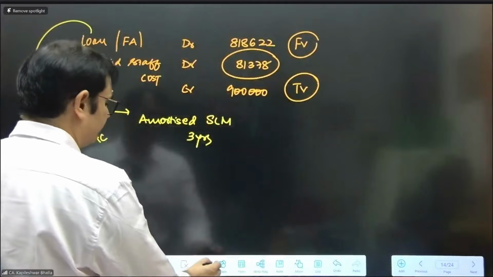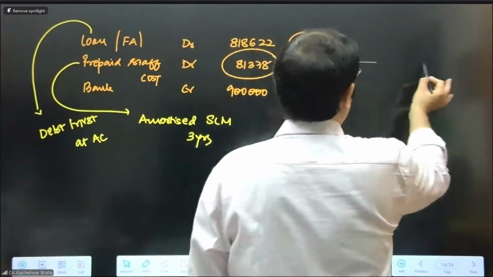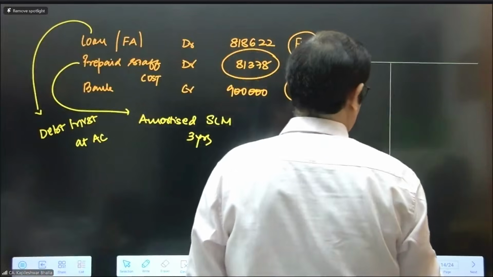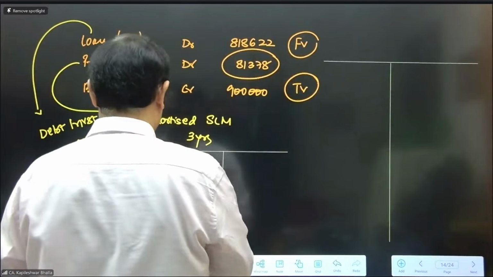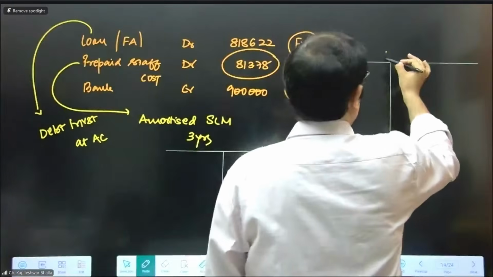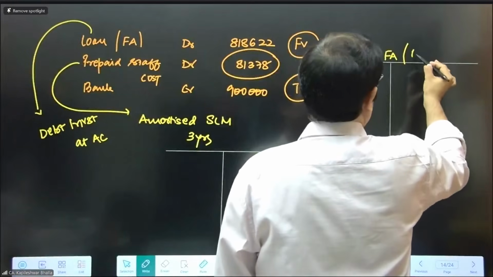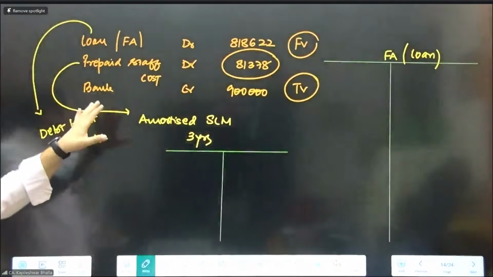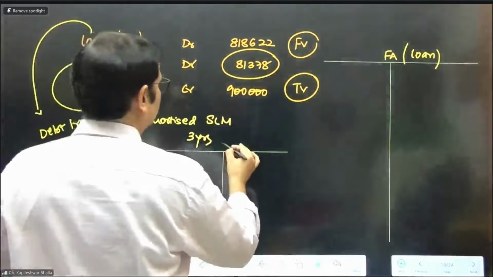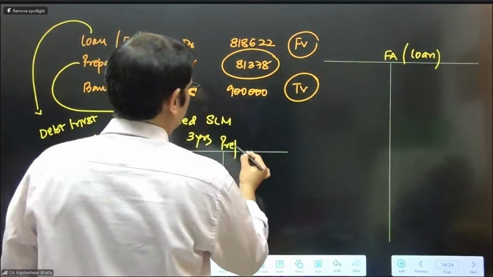So let's make a ledger account for two. So one is we're making the financial asset, that is the loan account. So I'm making one loan account FA, and I'm also making the prepaid staff cost account.